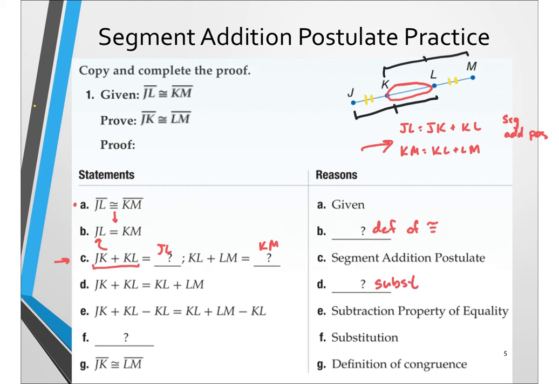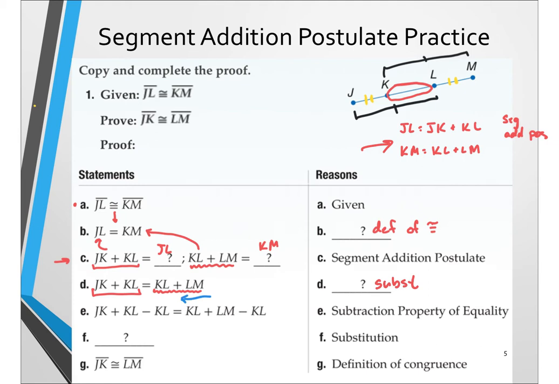So JK plus LK goes in place for JL. And then I have KL plus LM being substituted for KM. And that's how we get this statement down here. It's all just been substitution. Now, up here, I'm going to add a step. So I'm going to change colors. I'm going to add a step right in here.